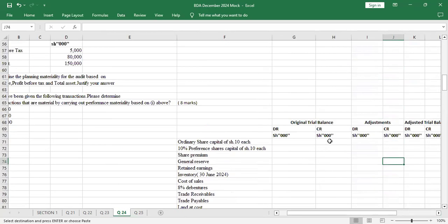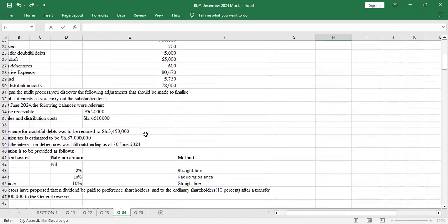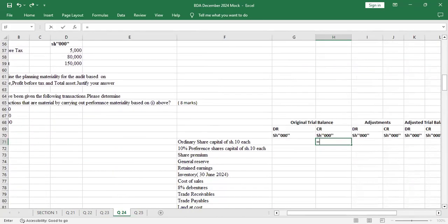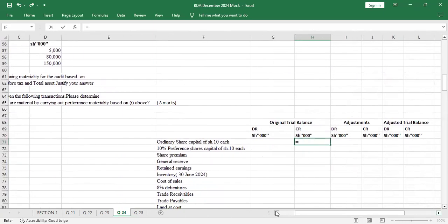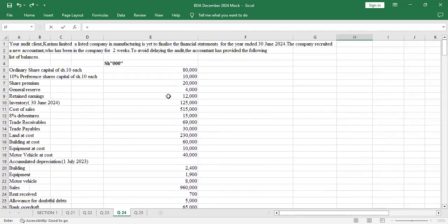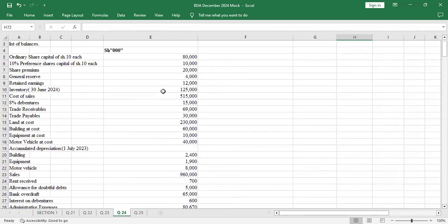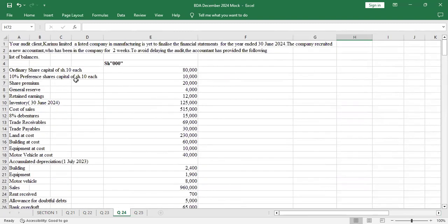Okay, so I'll just start. Ordinary share capital, that will be credit because that's an equity. Then the next item is 10% preference share capital.